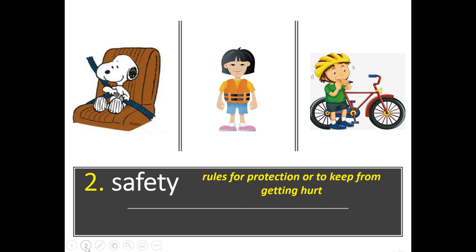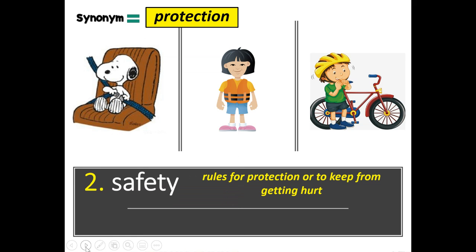Rules for protection or to keep from getting hurt. A synonym or a word that means the same could be protection. So first write safety, and then in the second column you can write protection.